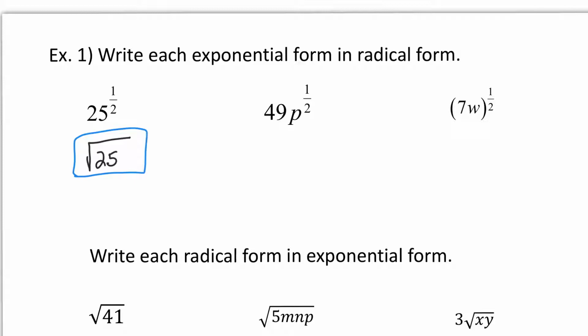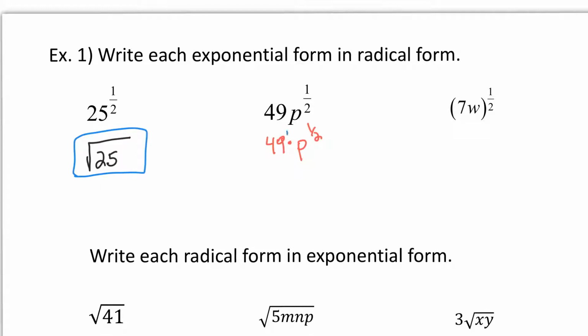Now, the next one, you guys have 49p to the 1/2 power. First, let's understand what these two things are doing to each other here. When you don't have anything in the middle, between the 49 and the p, you actually are multiplying. By default, you have a multiplication sign and it is invisible. So when you separate the 49 and the p, the 49 has an exponent of 1, not 1/2.